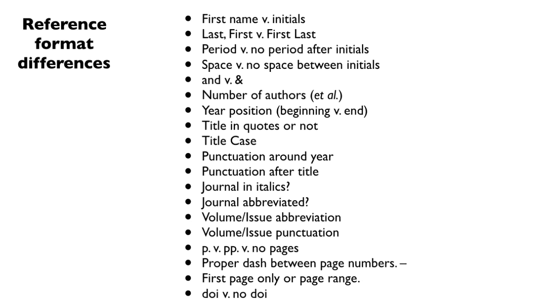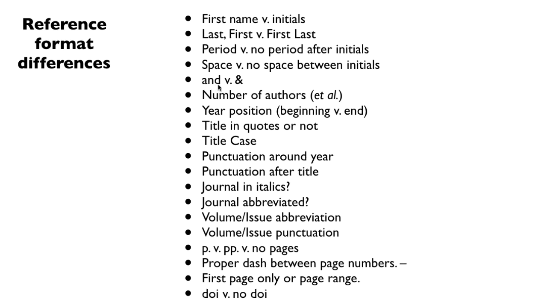All right, here's my list. Did you get all of these? You have, in some cases, the first name, and in other cases, initials. Sometimes you have the last name, comma, first name, and sometimes you have first space last. Sometimes there's a period after the initials, and sometimes there's not. Sometimes there's a space between your first initial and your middle initial, and sometimes there's no space.